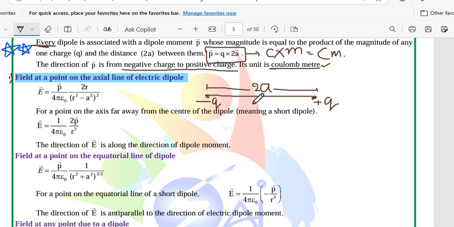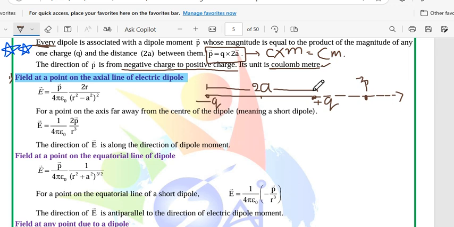And let P be a point on the axial line. Let us consider a point P somewhere on the axial line, so the axial line may be infinite. Let us consider a point P on the axial line at a distance r from the center of the dipole.